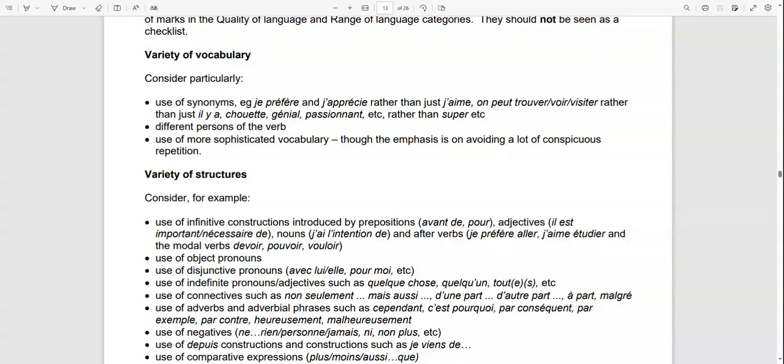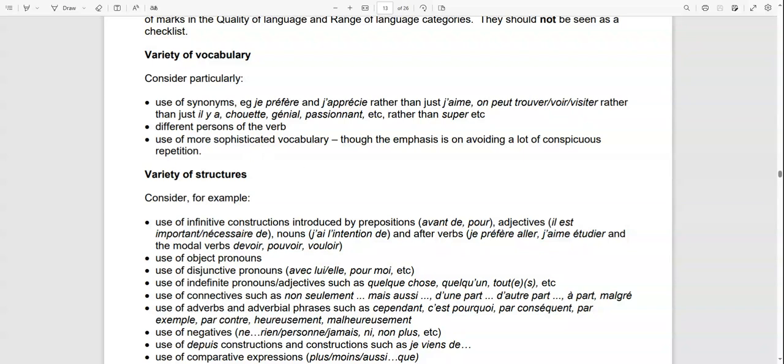By the same token, rather than just using il y a, there is, which is fine when you're describing a photo card and you're just doing the minimum to pick up the 8 marks, if you're looking at a 40-word task, 90-word task or 150-word task, then you want to be using more variety of language.